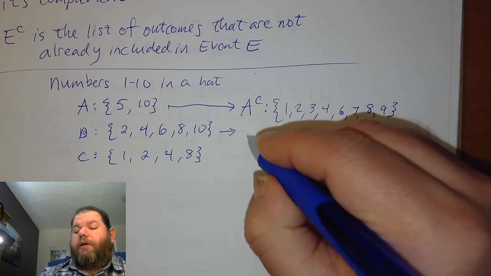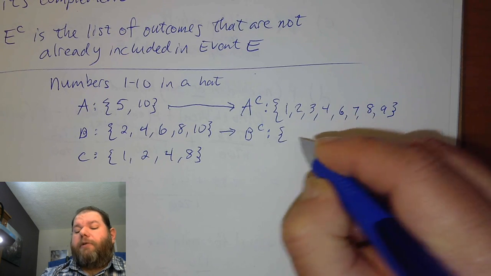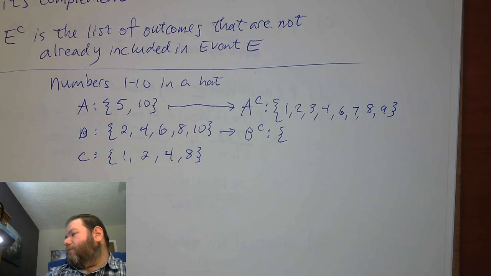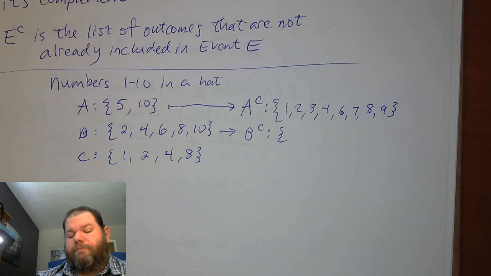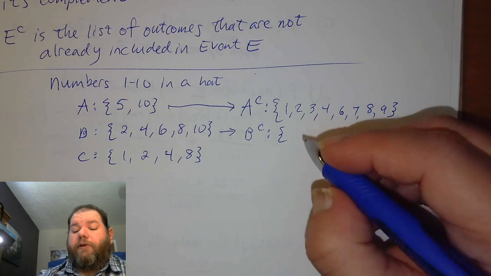For event B, what numbers would be in B complement now? There'd be 5 numbers there, right?